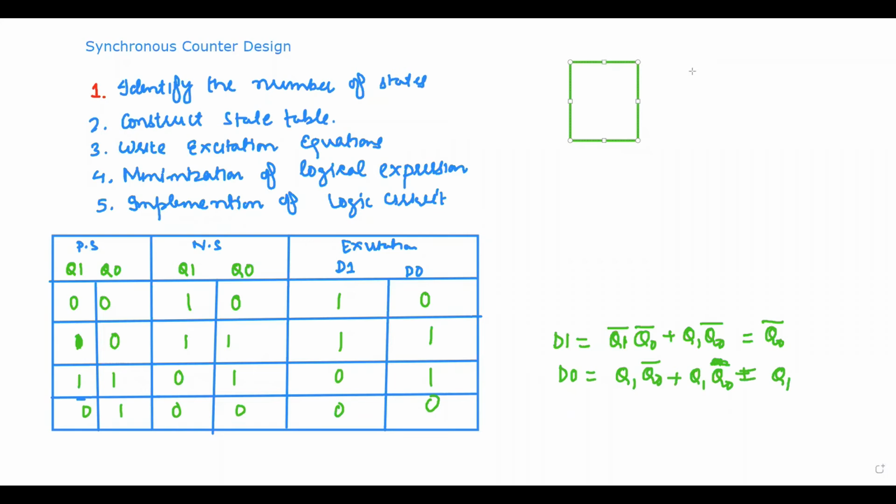This is your first flip-flop, this is your second flip-flop, and both are D flip-flops. This is the clock, and because this is a synchronous design, all of them will have the same clock.